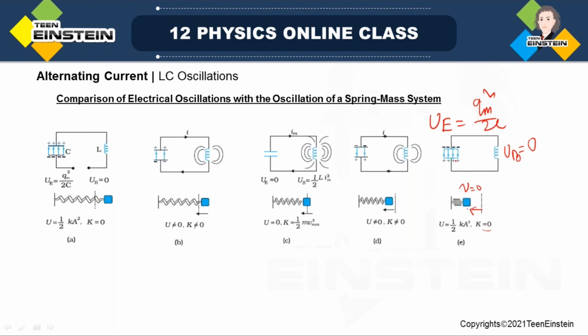Now again, what will happen? Again the capacitor will start flowing current, but now current will be in the opposite direction. So after this situation, as time passes, the capacitor will start flowing current again. At that time the induced EMF will be positive here, negative here in the inductor.